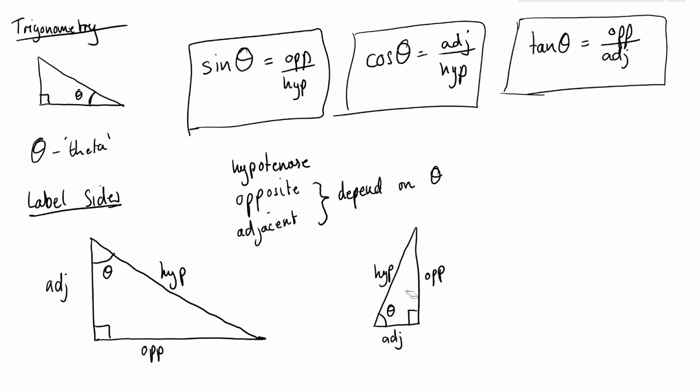So how do we go from having these sides to choosing which formula we're going to use? In all questions, they will say something along the lines of, here is a triangle, this side is maybe 10 centimeters and this angle here may be 30 degrees, and they want you to work out this side here.